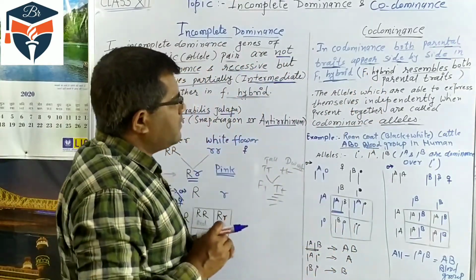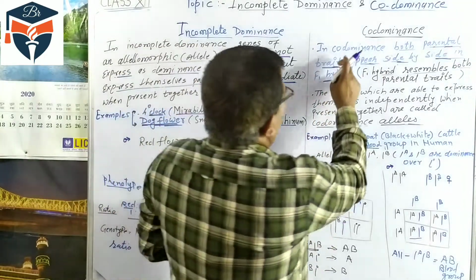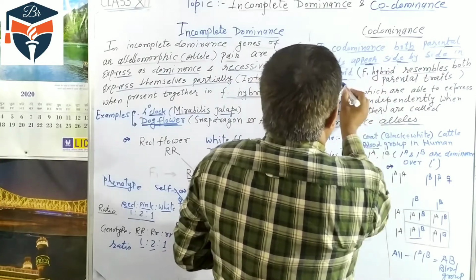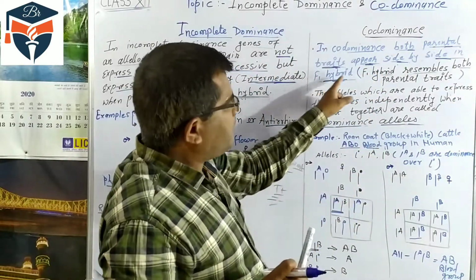So it will be clear by this example. In co-dominance, both parental traits appear side by side in the F1 hybrid.